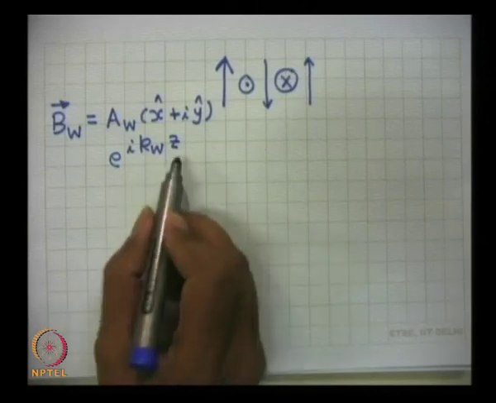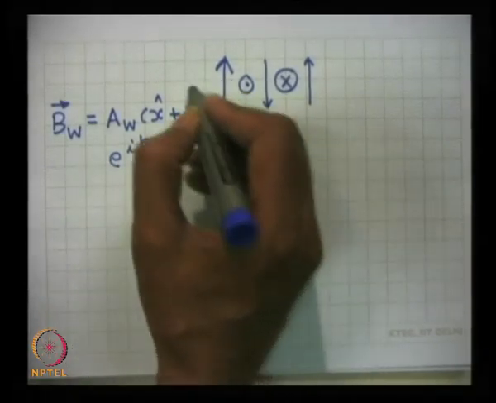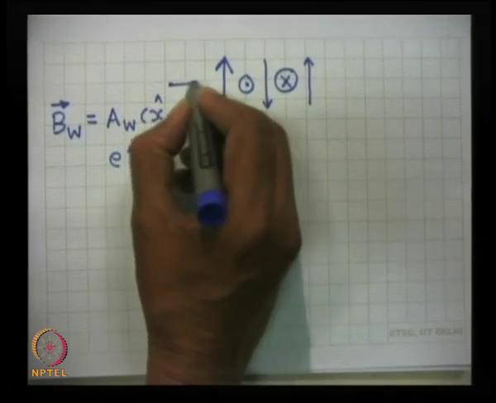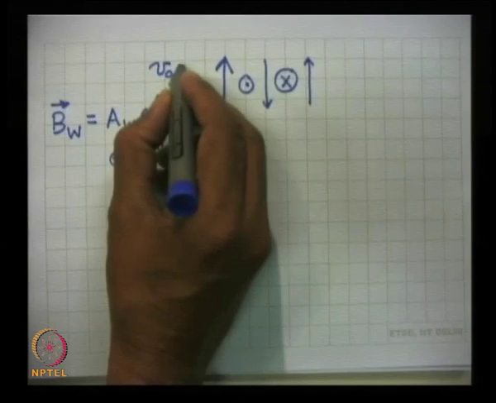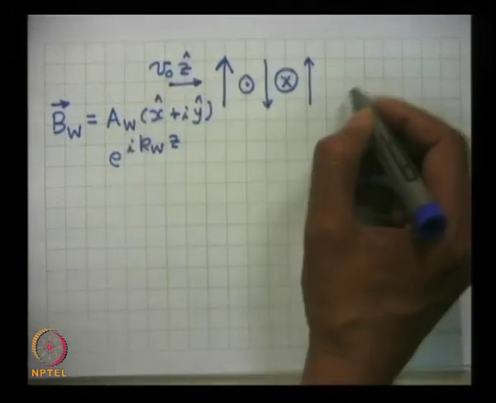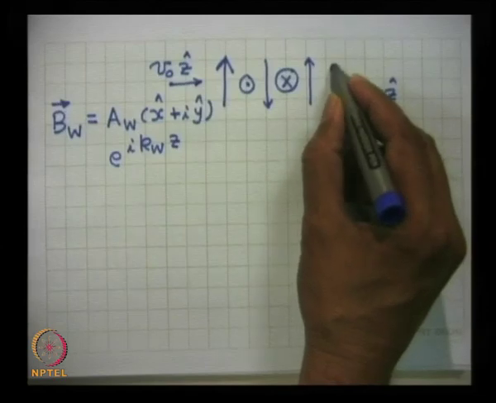This is called a right circularly polarized Wiggler, and we are launching an electron beam into the system like this with a velocity v0, and I call the direction of beam propagation the z-axis. I can call the vertical direction the x-axis.